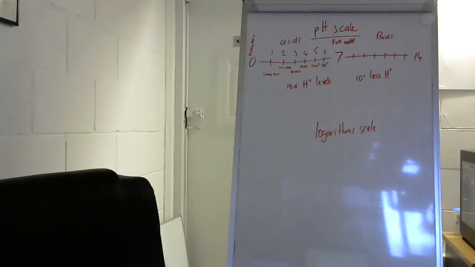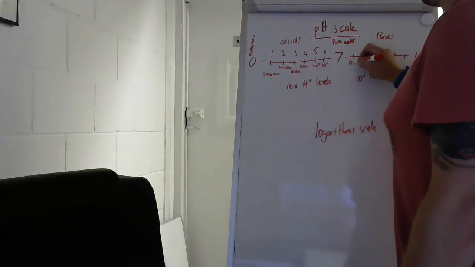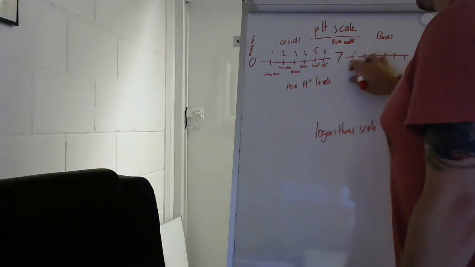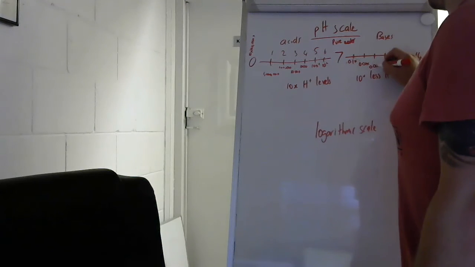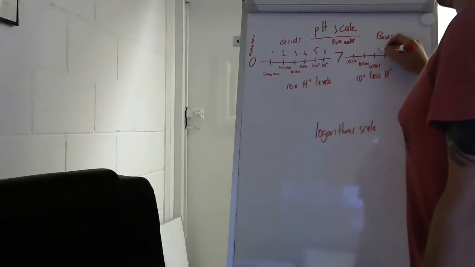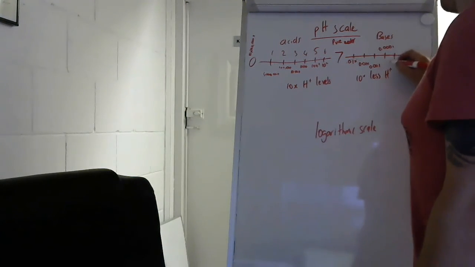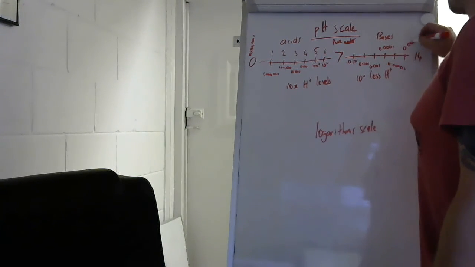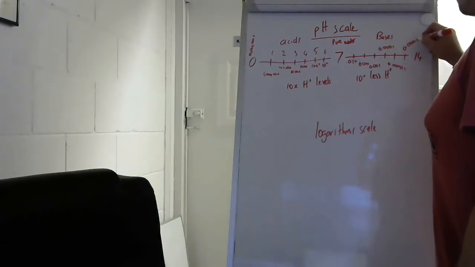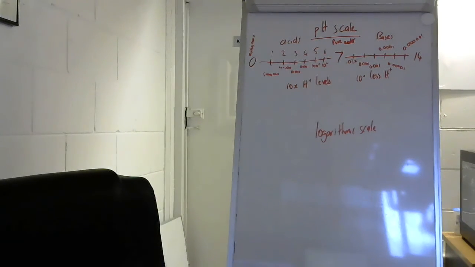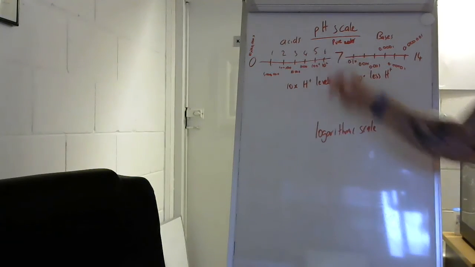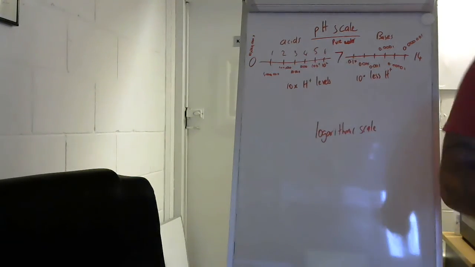So we're talking about 0.1 times as much H plus, 0.01, 0.001, 0.0001, 0.00001. So something at pH 0 is 10 million times more acidic than pure water.